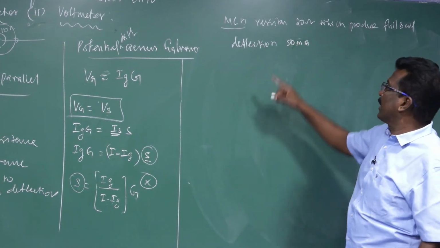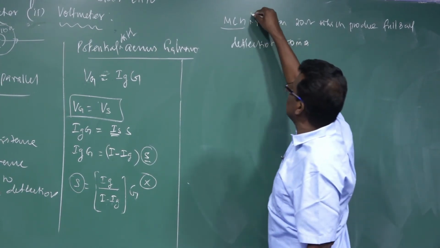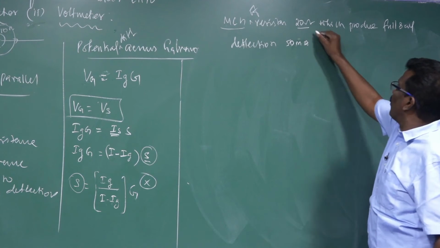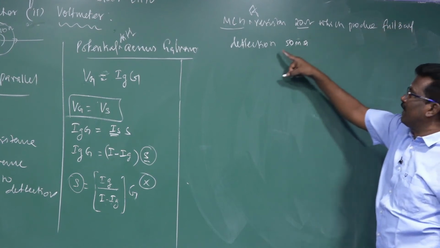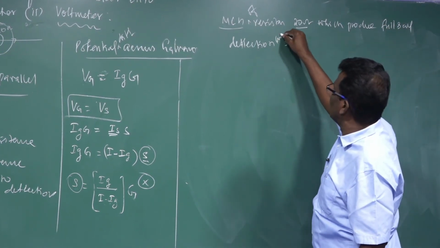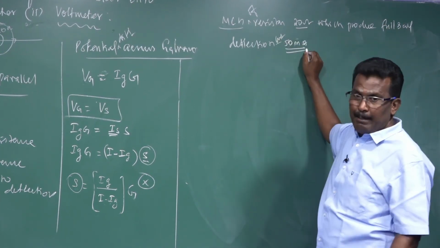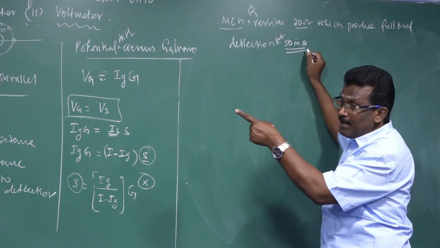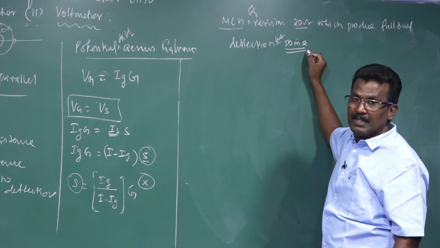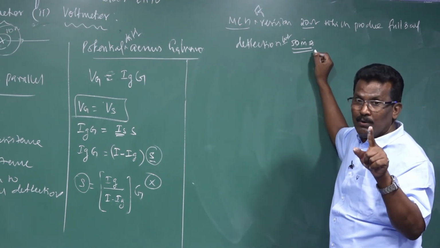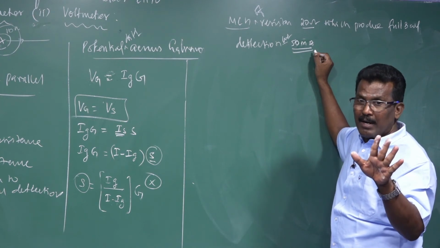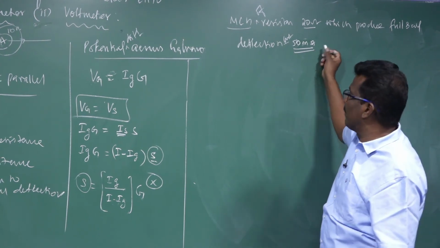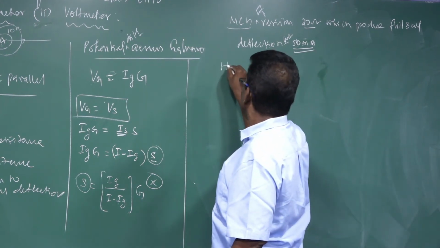The moving coil galvanometer of resistance 20 ohm produces a full scale deflection at a current of 50 milliampere. How will you convert the galvanometer into an ammeter of range 20 ampere? How will you convert it?